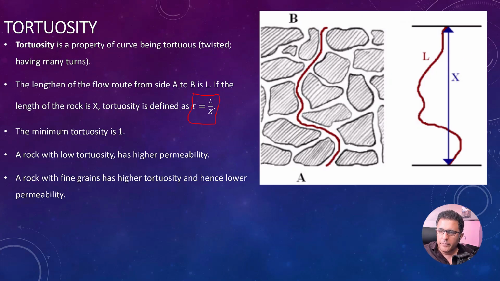Okay, and it is obvious that the minimum value for tortuosity is 1, and that happens when L is equal to X. And that will yield the maximum permeability. And the higher value that we have for tortuosity, it means that the permeability is lower.